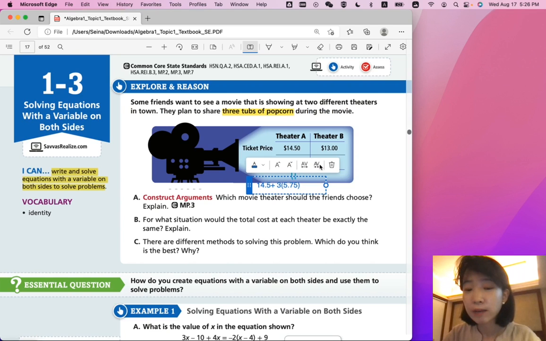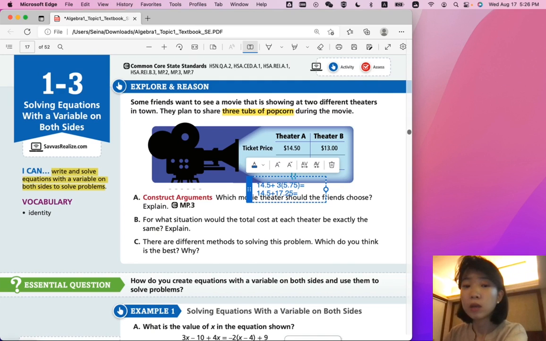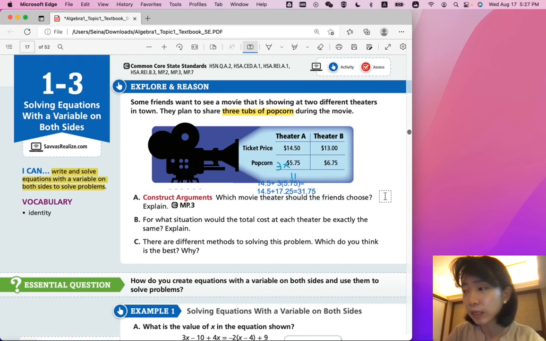Three times 5.75 is 17.25. So 14.5 plus 17.25 is equal to 31.75. So that's the price for theater A.